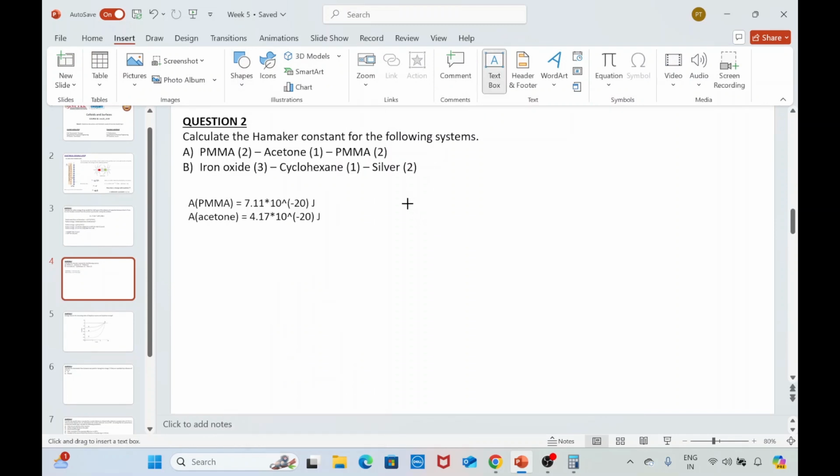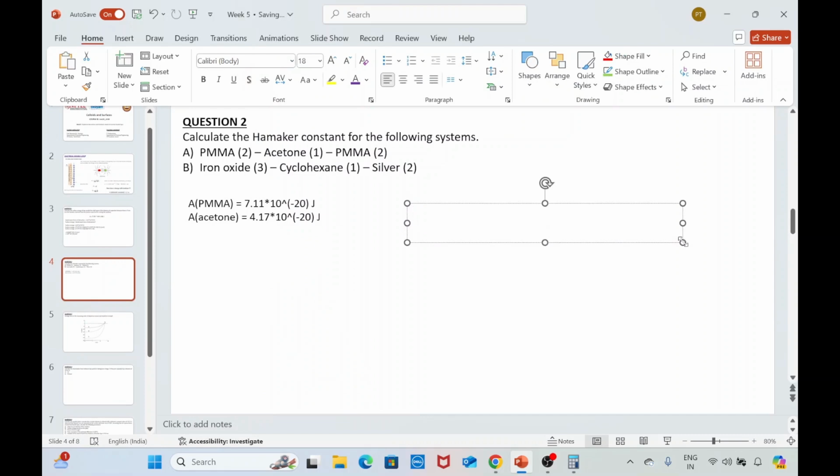For iron oxide and other compounds, again, these values will be given to you in the assignments as well as in the exam, so you need not worry about remembering these values.